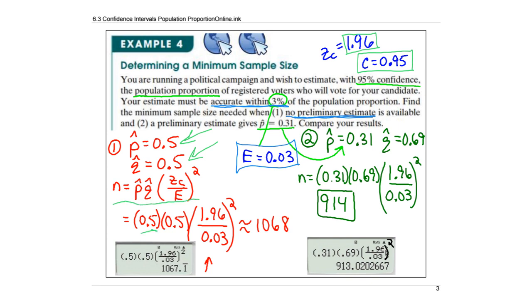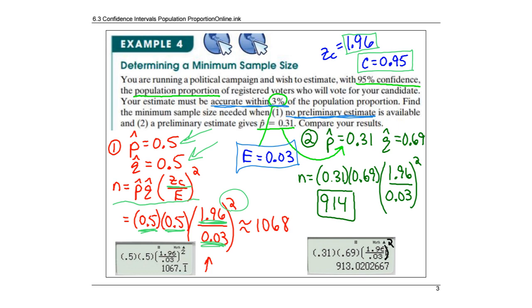We're going to put 0.5 in for P hat, 0.5 in for Q hat. We're going to come over here and put our 1.96, that's our Z of C. And finally, we're going to put our margin of error in the bottom, 0.03. Now, don't forget to square up here. I do that sometimes and then I get a crazy answer.